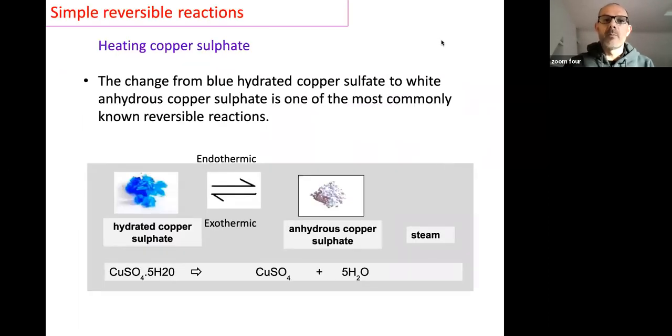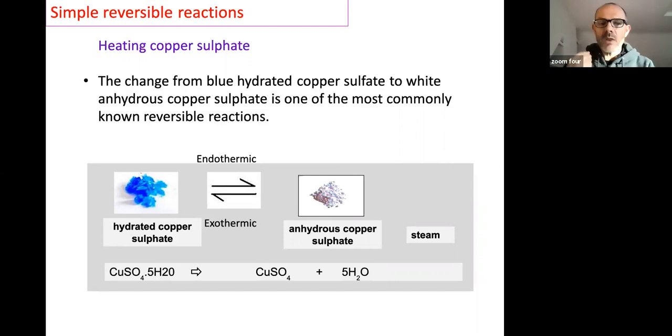So here we go, copper sulfate. This is a simple reversible reaction. This is one that the exam boards say that you have to know. So we have this substance down here, hydrated copper sulfate. You've probably seen that before, because when you did C1, you probably did making crystals as one of the required practicals, and the crystals that you made were these hydrated copper sulfate crystals, and they're very beautiful, they're very blue, they're quite big.